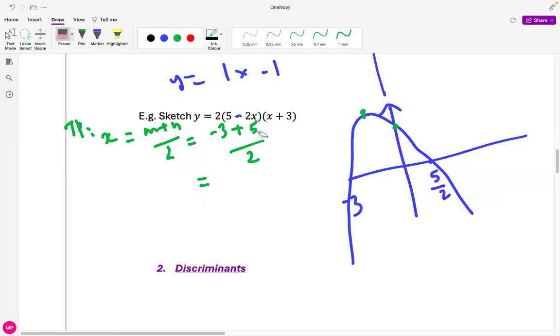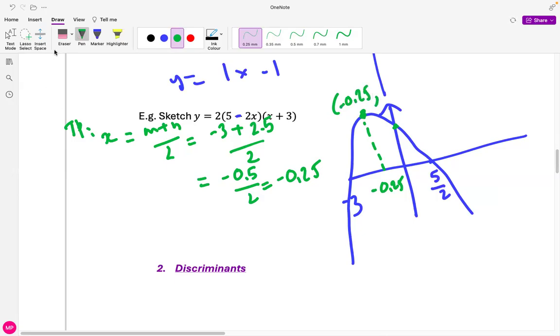I'm going to keep it as 2.5. -3 plus 2.5 is -0.5, divided by 2 is -0.25. So I know that this here is -0.25 as my turning point x-value. Then I substitute x equals -0.25 and I can find the y.